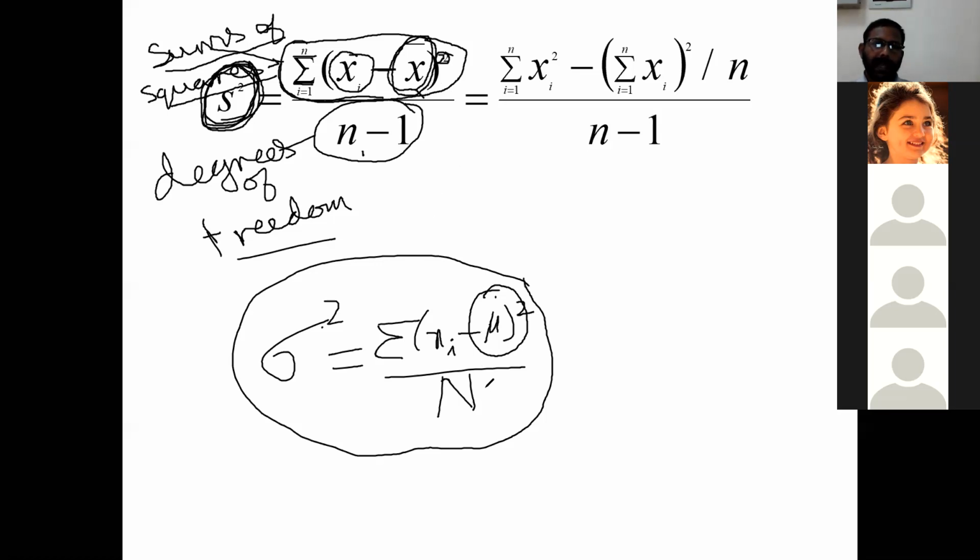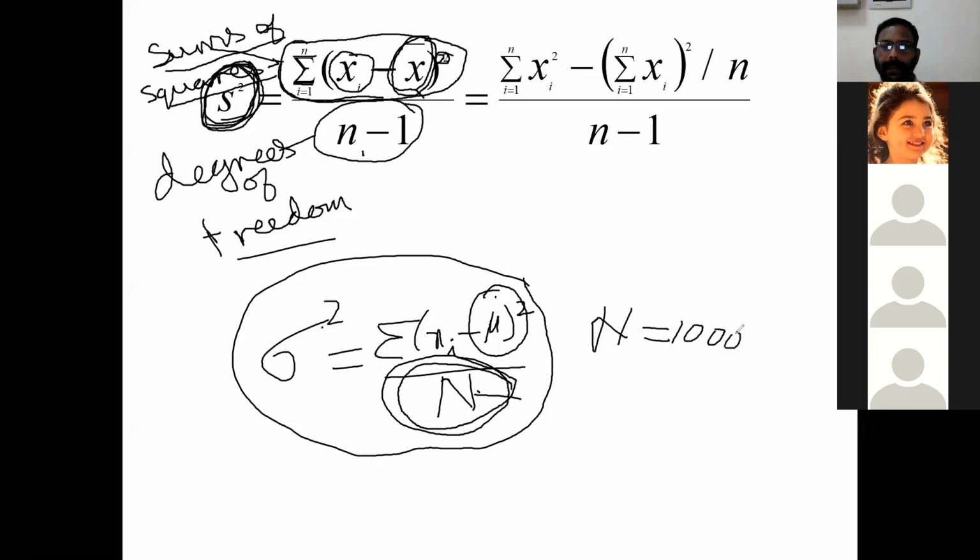What about degrees of freedom here? What are the degrees of freedom there? Anyone? N is the degrees of freedom. When you have a population, usually it is very big. Suppose my capital N is 10,000.